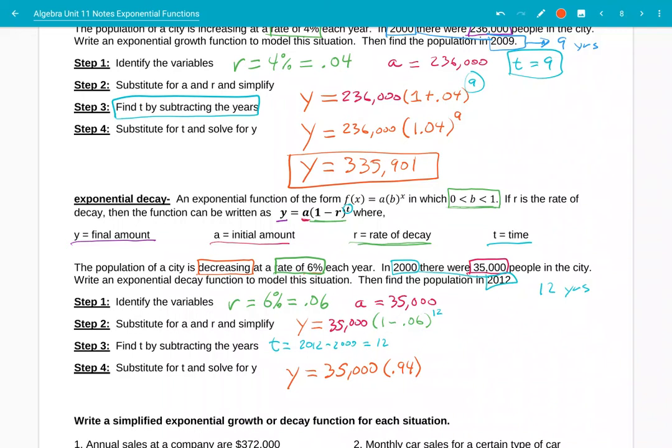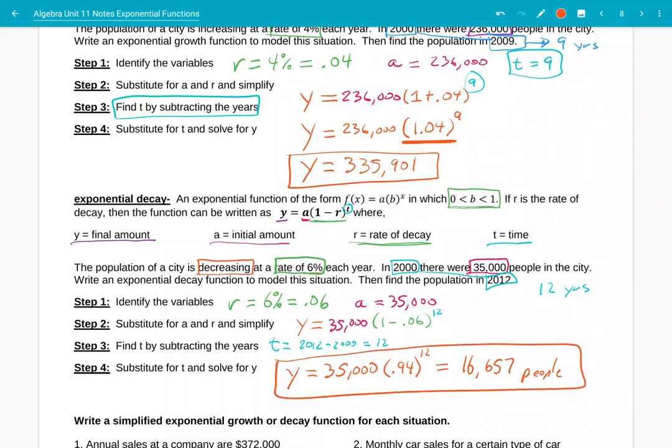So you see how on the first one it went up, it's 1.04, so it's going up, and now it's 0.94, so we're multiplying by less than 1. So it's going to be going down, and that's 12. So that equals, type that into your calculator just as it appears with the parentheses and everything, 0.94 raised to the 12th power, and that is 657 people.